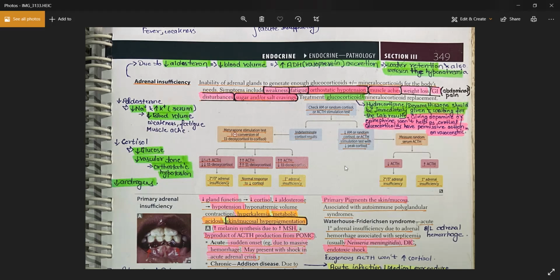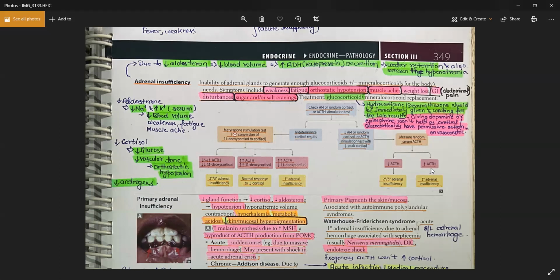Yes. You check again the random cortisol levels, and you have a decreased random morning cortisol, with the ACTH stimulation test showing low cortisol. Then you measure the serum ACTH levels. If the serum ACTH levels are low, that means a secondary or tertiary deficiency.